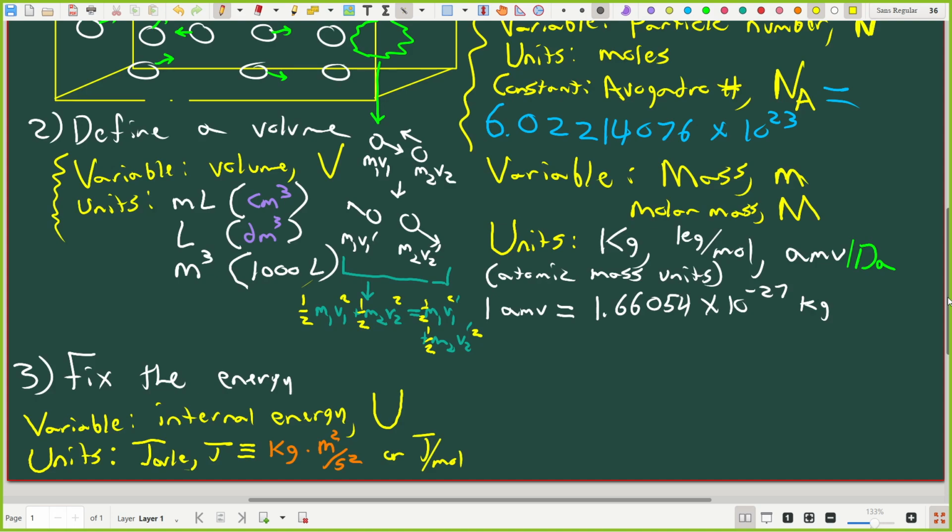Okay, so now let's say I put a whole mole in there and I close off the balloon, some volume. And let's say it's a really, really strong balloon, it's not going to pop. I squeeze it, I bear hug it. What happens to the balloon in terms of our variables? Does the number of particles change when I squeeze it?